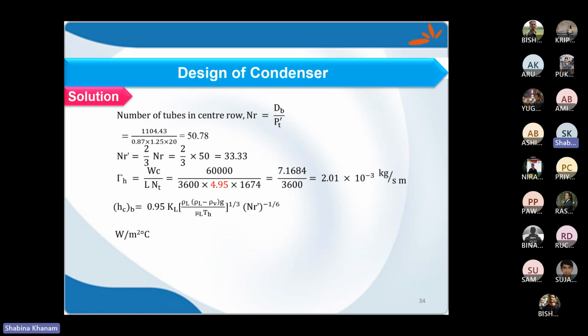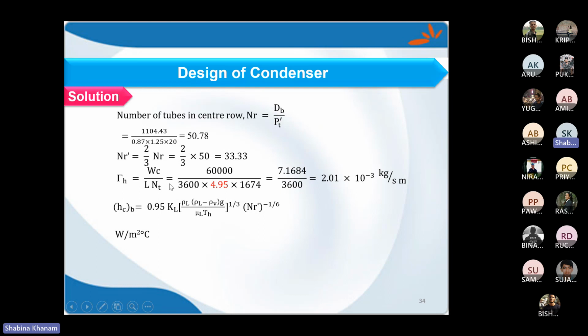You cannot calculate with any other correlation than this. If you observe here, I am having different parameters, like the thermal conductivity of the liquid, for the condensate, it is given. All these properties are given except this.